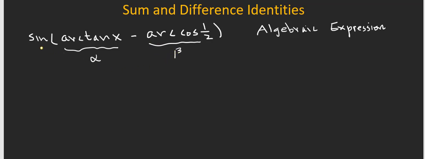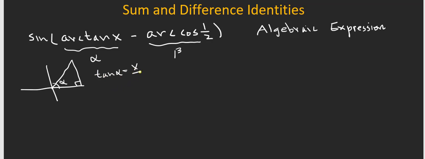So it looks like we're working with sine of the quantity alpha minus beta in this case. So this means tangent of alpha. Let's draw a triangle. This is alpha, that's a right angle. Tangent of alpha is x.